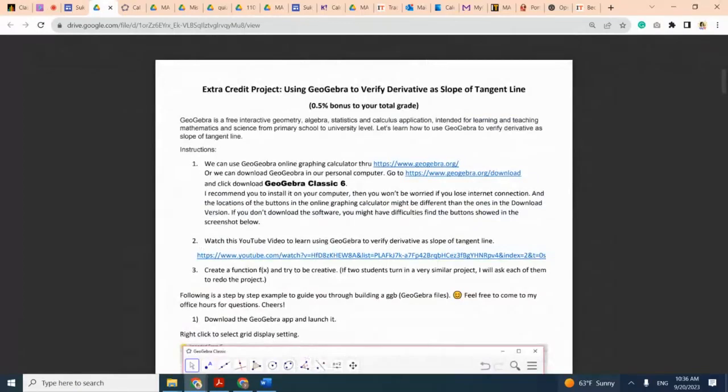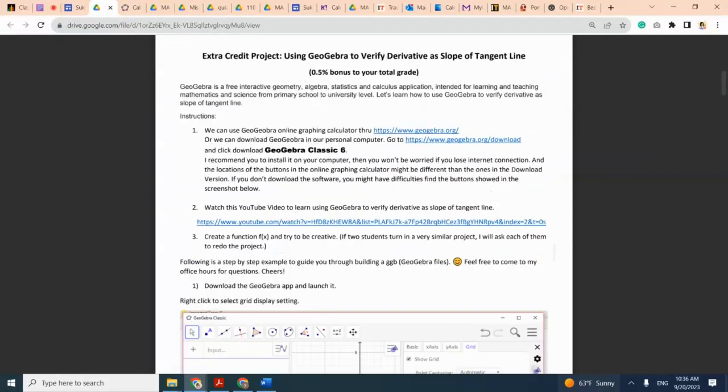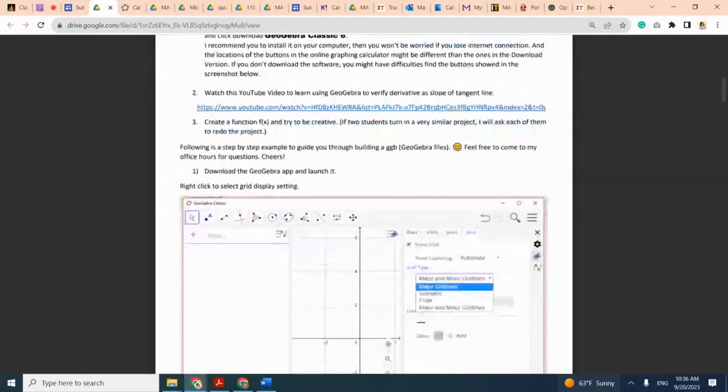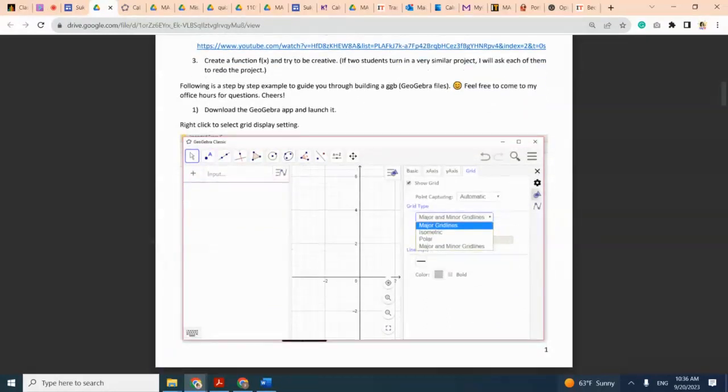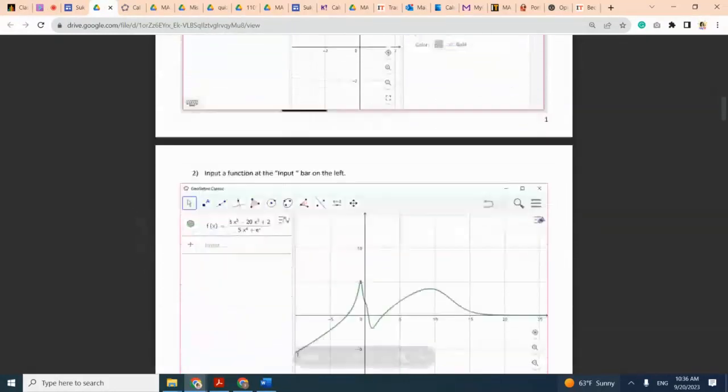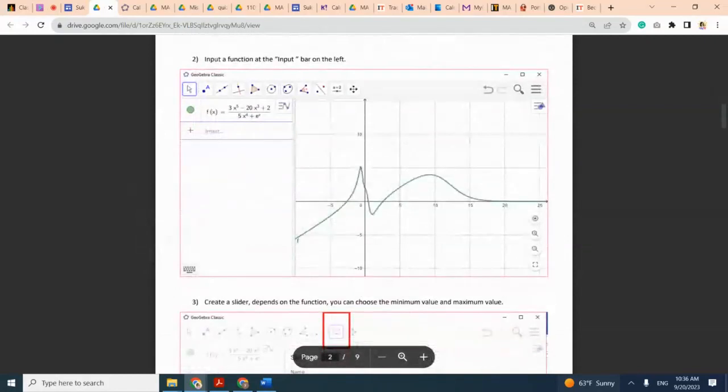Don't use the online one, because if you use the online one, the location of some buttons is different from my screenshots. So it's better to download that one. And then this is the YouTube video I made on how to make the animations project. After you watch the YouTube videos, here you have a step-by-step screenshot. You can make up a function. Please be creative.